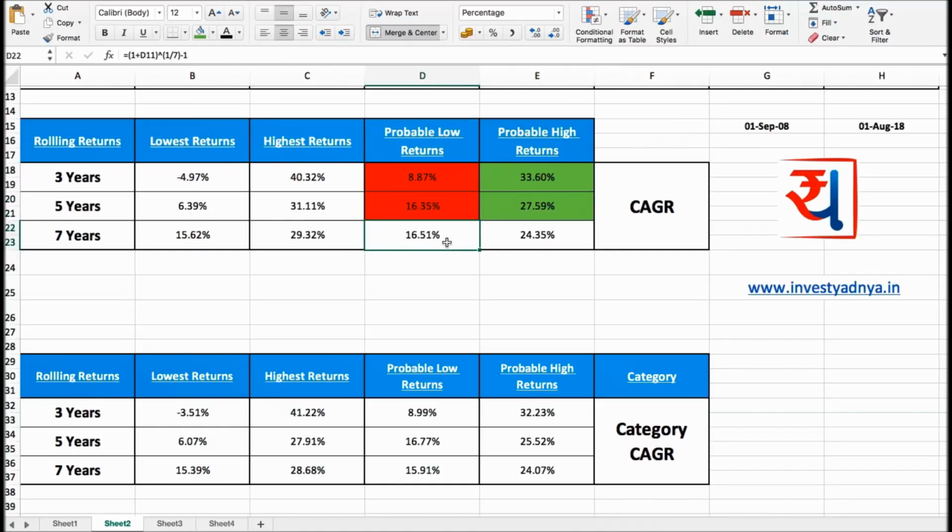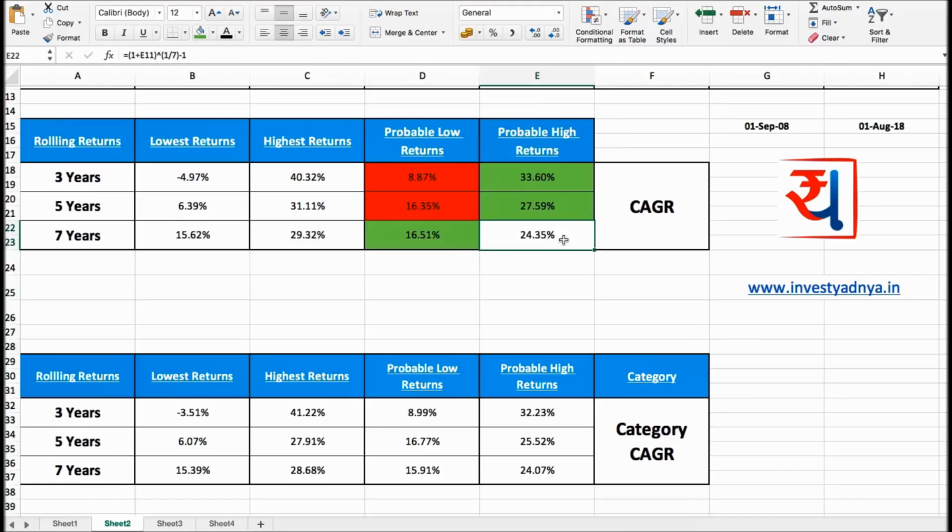So then probable low returns for 7 years. For 7-year data, L&T Midcap Fund is outperforming the category average by close to 0.5 to 0.6%. So 16.51% per annum is greater than 15.91%. So for 7 years probable low returns, we will give a green star to L&T Midcap Fund.